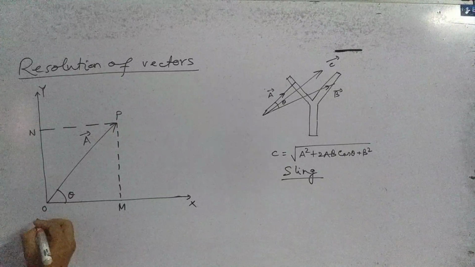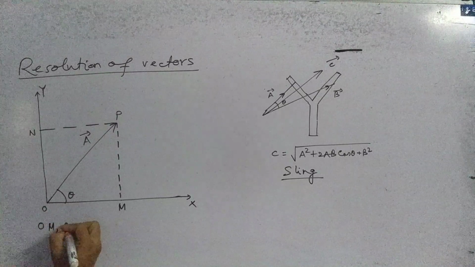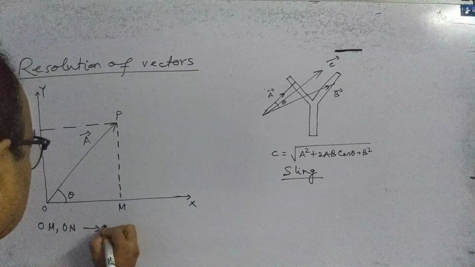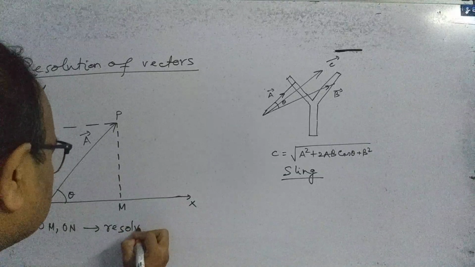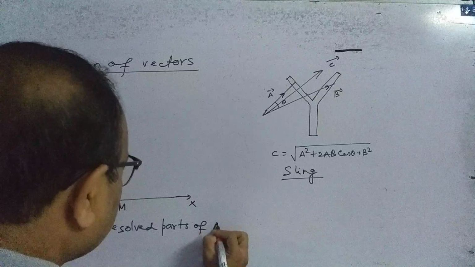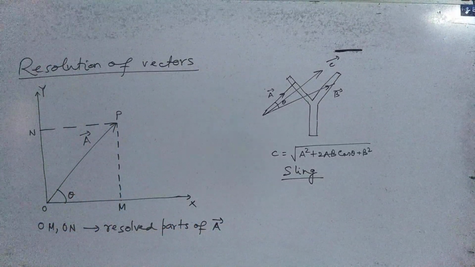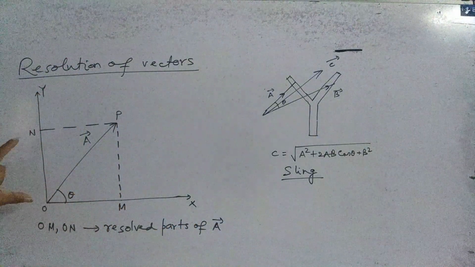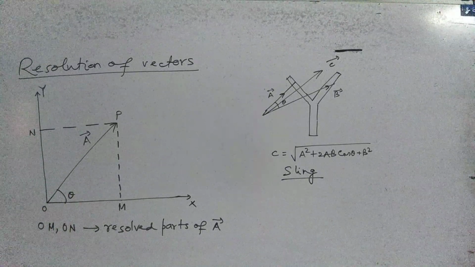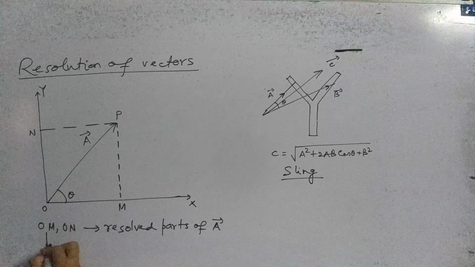Then OM and ON are known as the resolved parts of A vector. Two parts, OM and ON. These are called the resolved parts. How are they named?